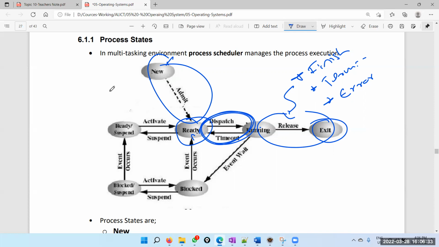So once it reaches an input-output operation, your operating system will put it from running to the blocked state. And once the attention is done, it goes from blocked to the ready state. It can never go from blocked to the running state. It comes from running to blocked, but it goes from blocked to ready. Okay, so this part is over.